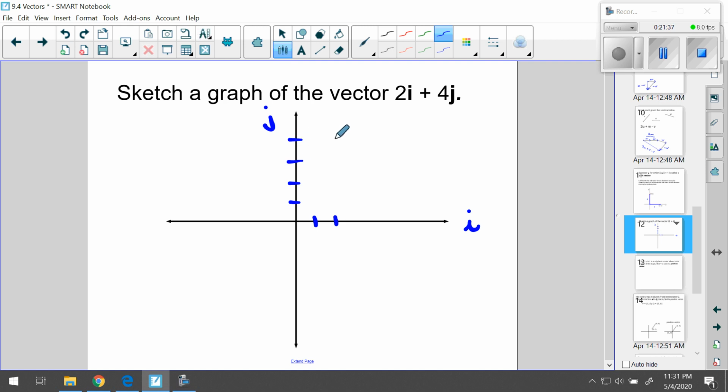That would be the point where my vector lands. So the vector 2i plus 4j is represented by the vector that starts at the origin and heads to the coordinate (2, 4), or what would have been (2, 4) had this been the xy coordinate plane. Instead, we call this 2i plus 4j.